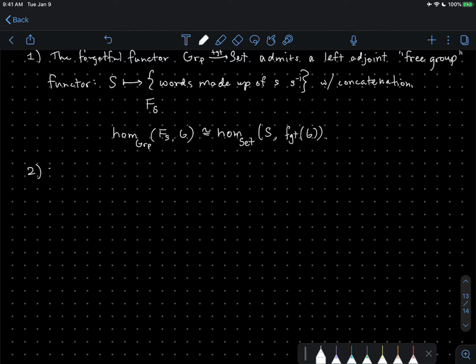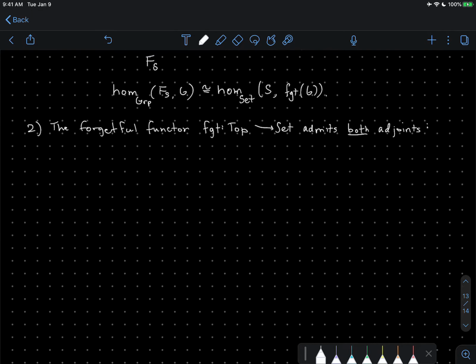So the forgetful functor now from topological spaces to sets admits both a left and a right adjoint. So we have Top and we have Set. We have a forgetful functor between them.